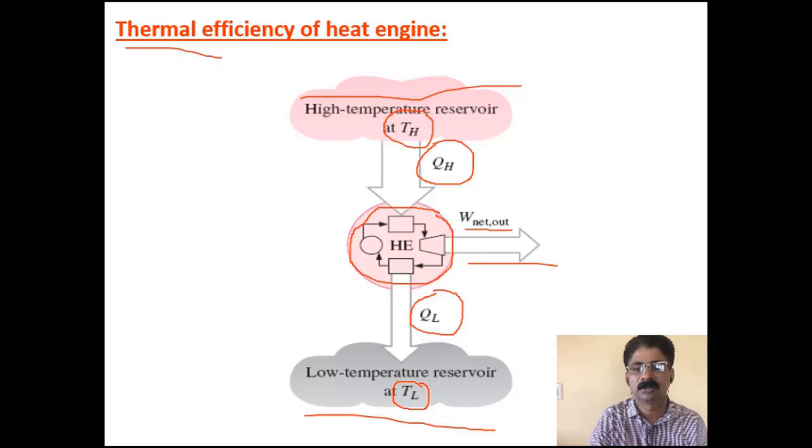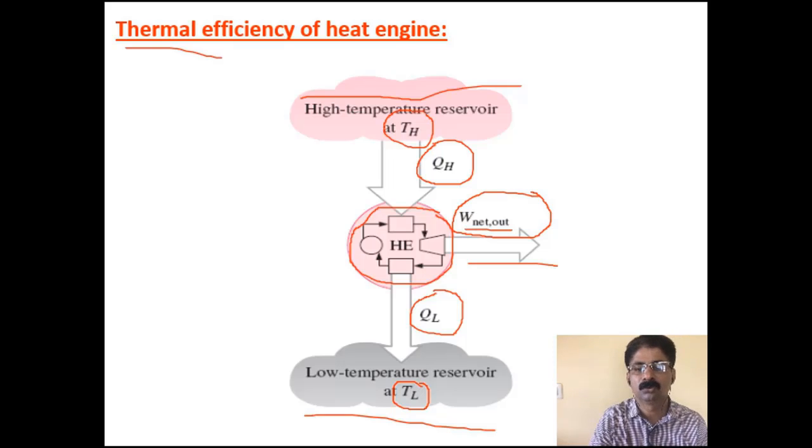Now here you have to see what is the desired output of this engine and what is the required input. The purpose of the heat engine is to convert the heat energy into mechanical energy. So we look into the work output from the engine, which is the desired output of the engine.